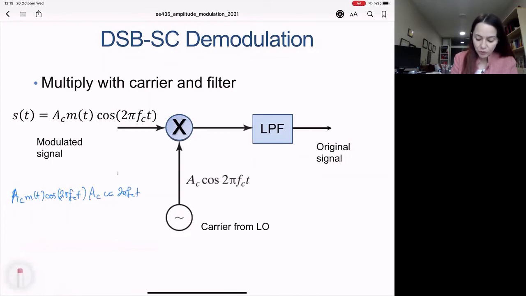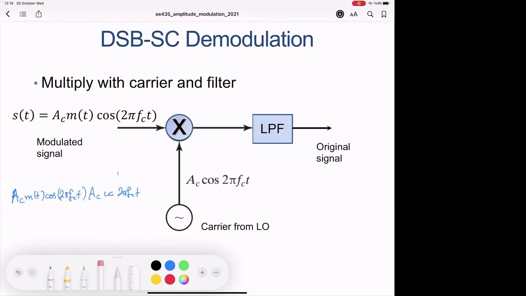Now, what is cosine times cosine? Cosine square, which is cosine 2 omega CT plus 1 over 2.